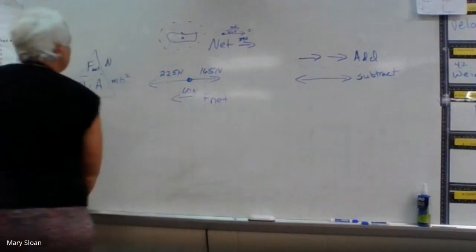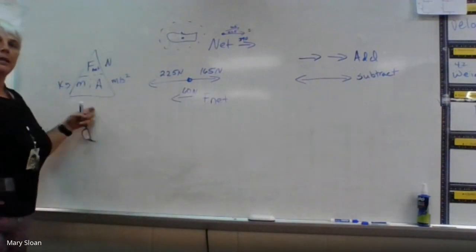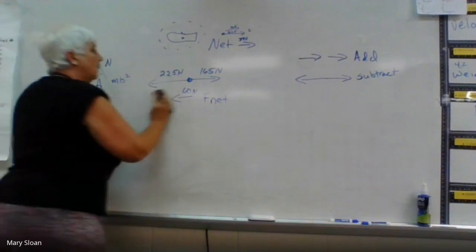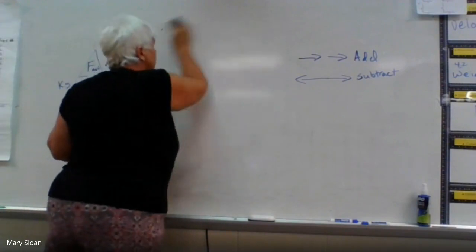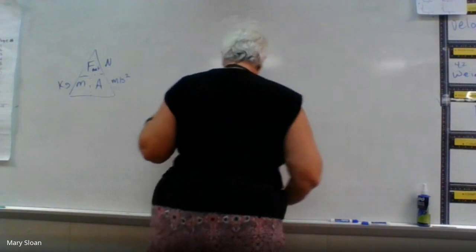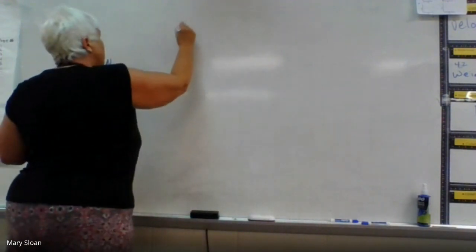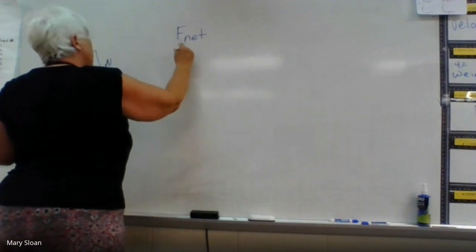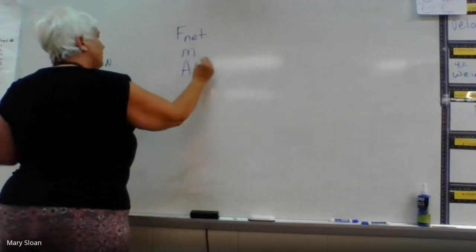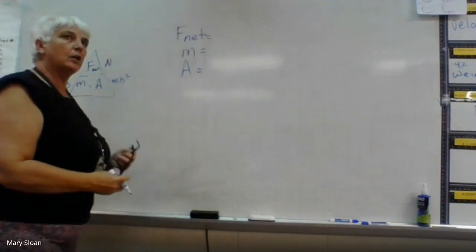Now, guess what we're going to be using? This beautiful triangle. The first thing you want to do is put in your variables: F net, mass, and acceleration. Everybody good so far?